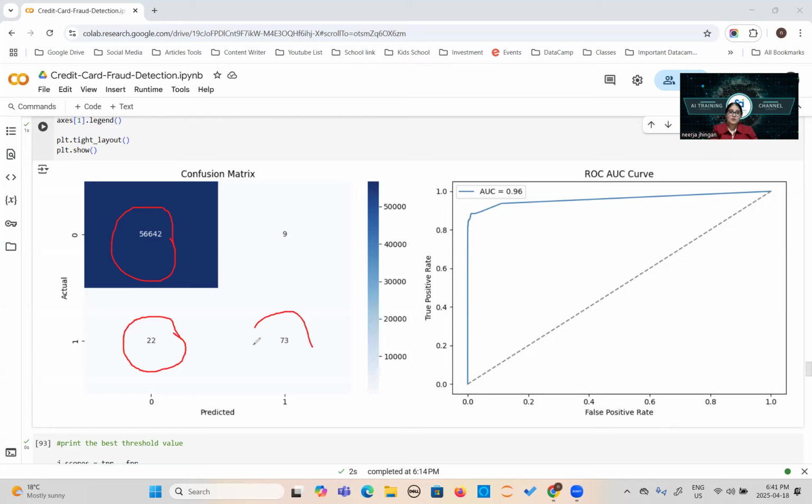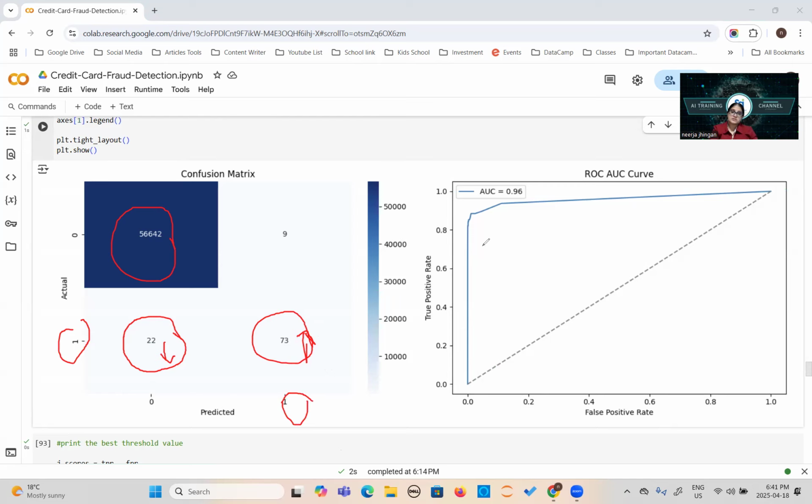And we also want to increase this because when we check whether a transaction is fraud, my machine should also say yes, this is fraud. We need to reduce this one and increase this one, because if it is a fraud, my machine should also predict it's fraud.